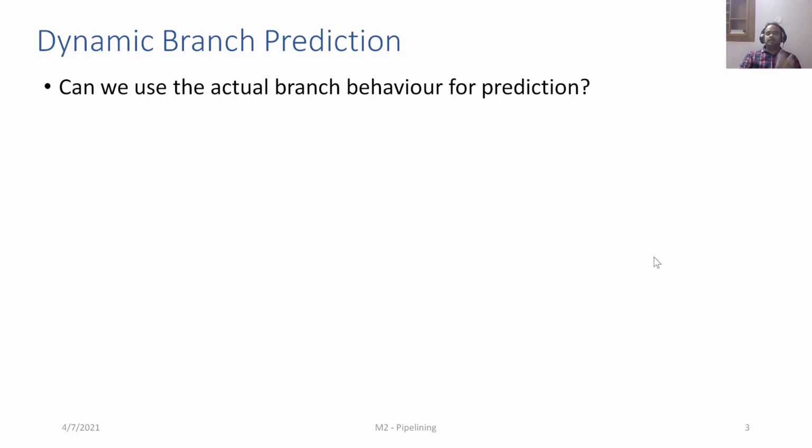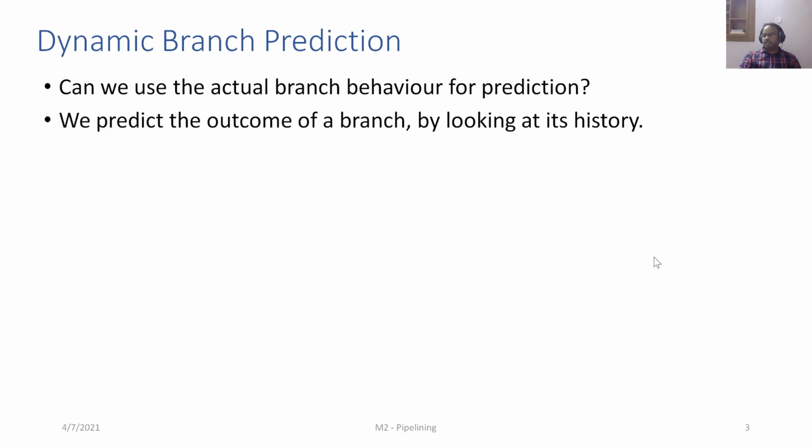So that is called the actual branch behavior. Basically we look at the history of the actual outcomes of the branch and make a guess on what would happen this time.